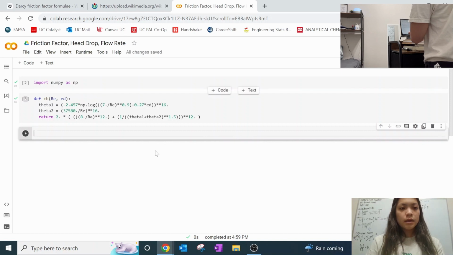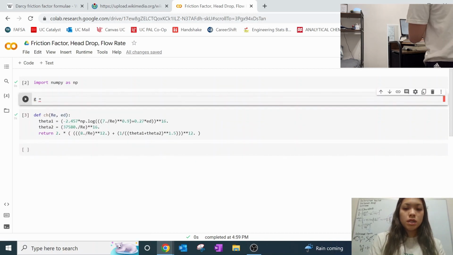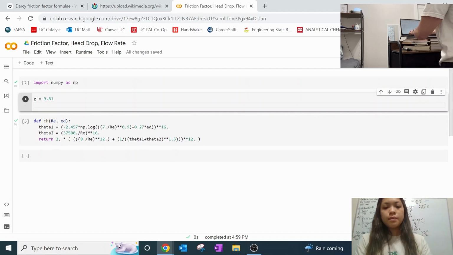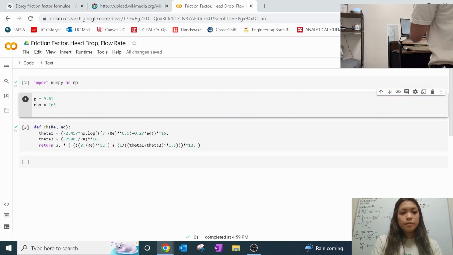So while we're at it, before we continue, we should define a few constants. So gravitational acceleration is 9.81, and then we have the density, so rho, that's going to be 1 times 10 to the third, and then we have the viscosity mu, which is going to be 1 times 10 to the negative third.